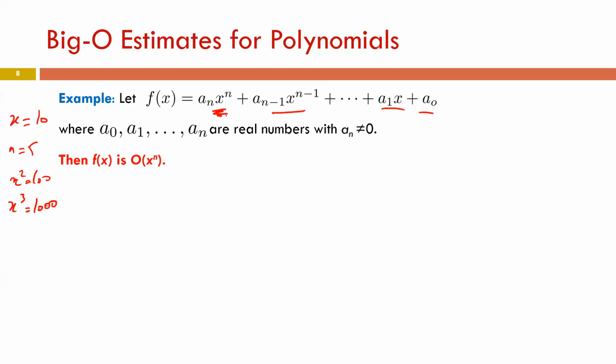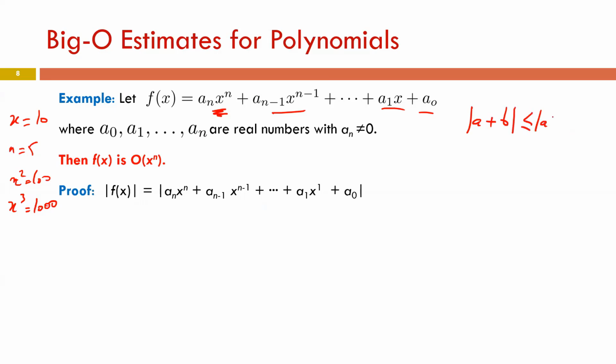The reason: we can say that the absolute value of f of x, this is the expression of f of x, and we know that the absolute value of the sum is less than or equal to the sum of absolute values.